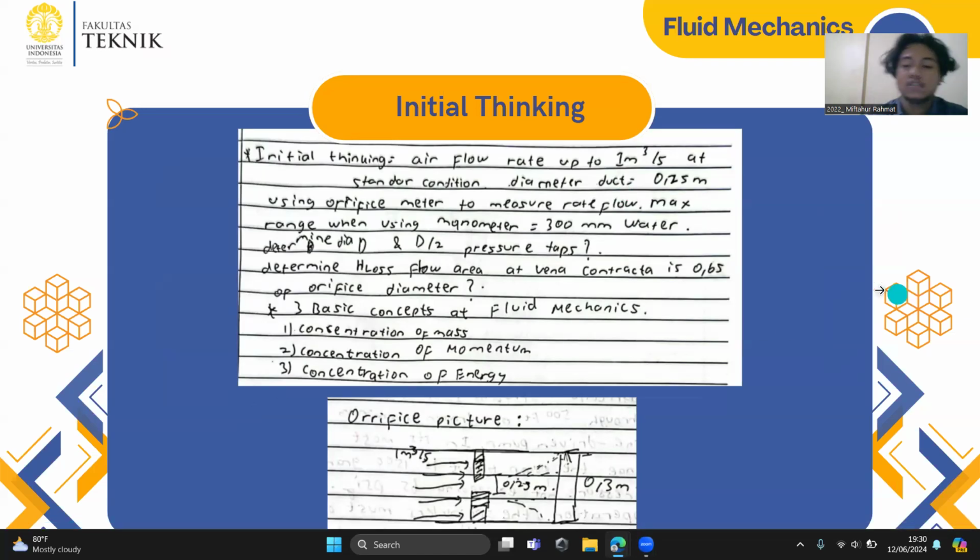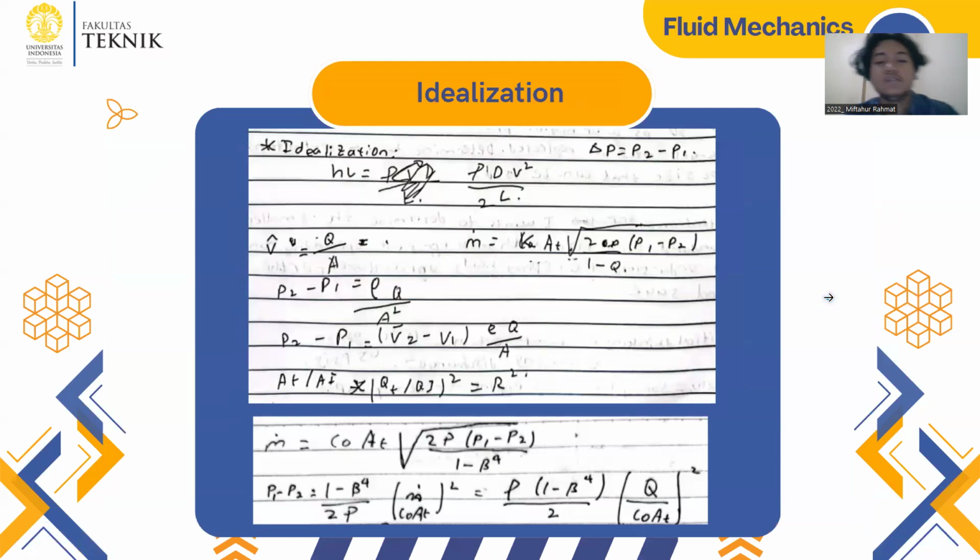The next step is idealization. We can see equations such as the head loss equation and the delta P equation, the pressure difference P2 minus P1. Then we have the equation of V hat, which equals the flow rate per area of the surface.